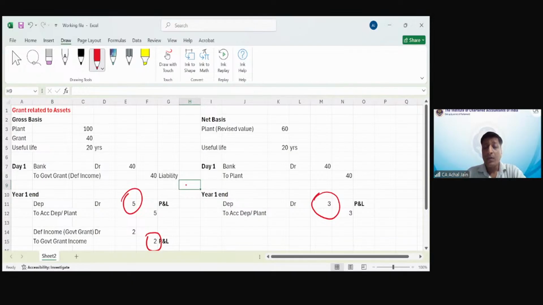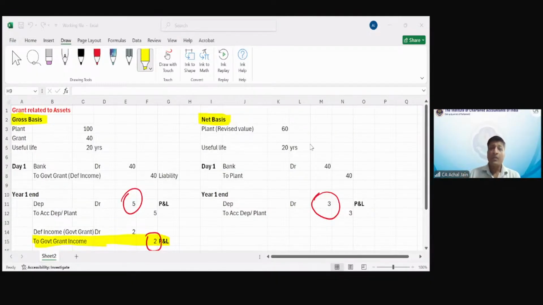Now, in case the entity follows a net basis, the question arises: how is this grant income getting recorded? Because in case of gross basis, you can see this grant income. But in case of net basis, do you see the grant income? Soumya says no. Devu says no. Actually, you can see it.